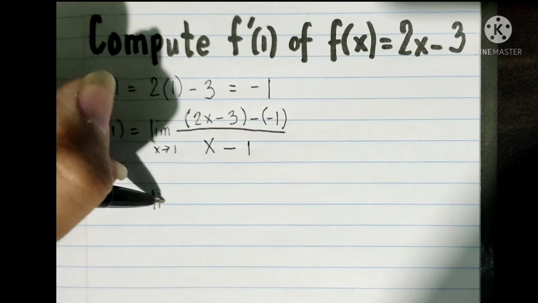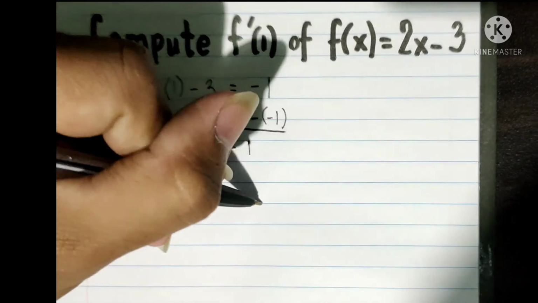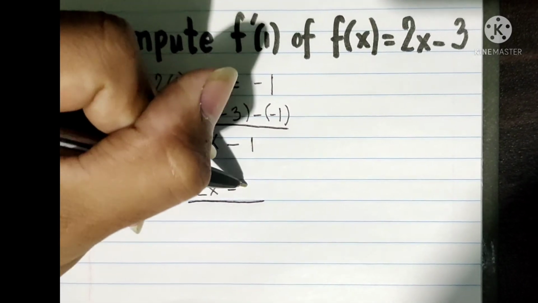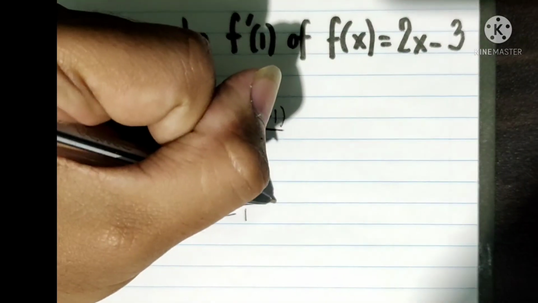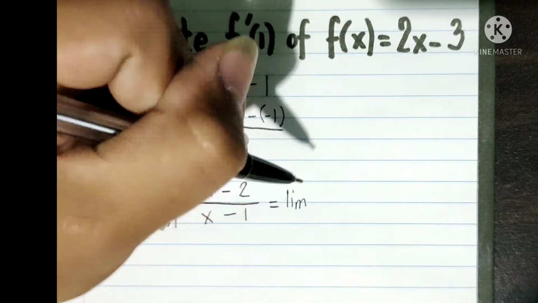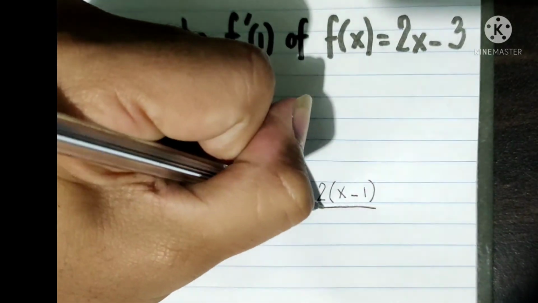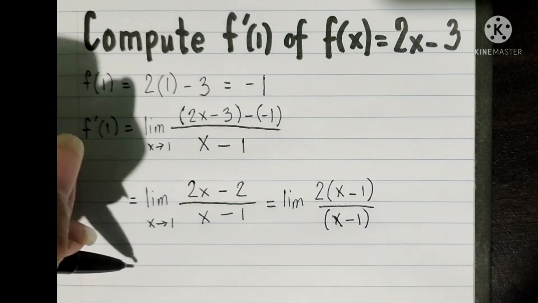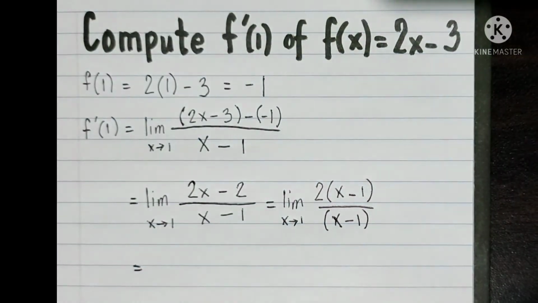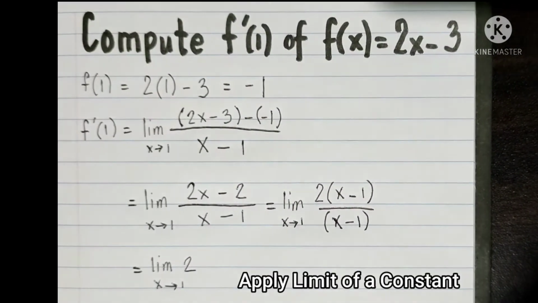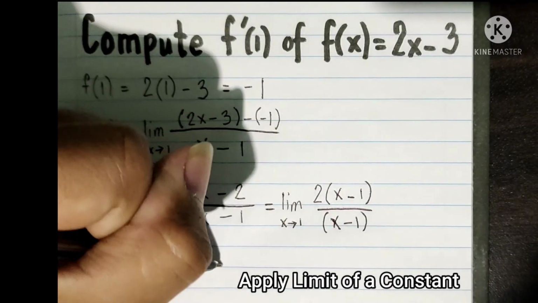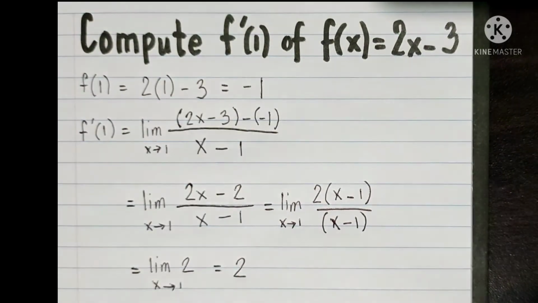Simplifying our numerator, we will have 2x minus 2. Then, factorizing the numerator, this rational expression simplifies to the constant 2. Applying the limit of a constant, the limit of this expression is 2.